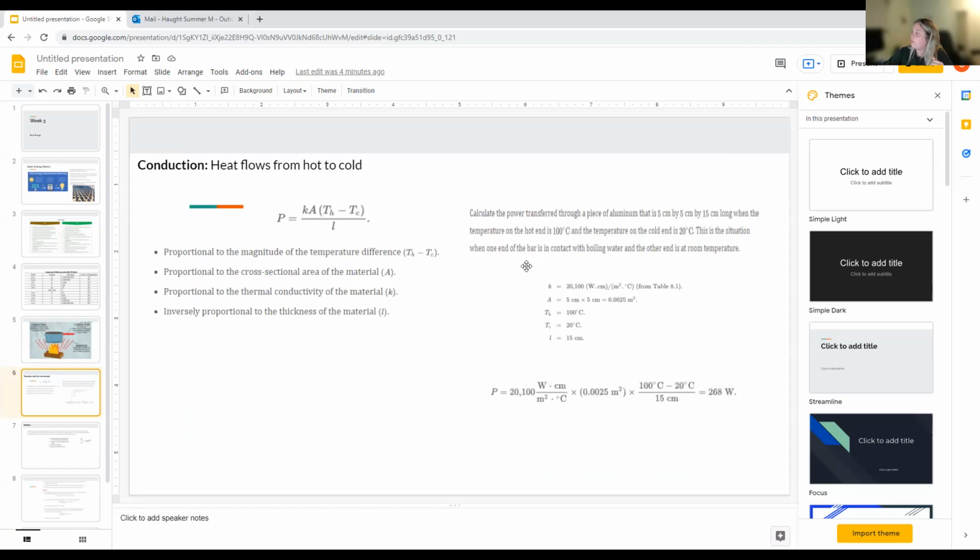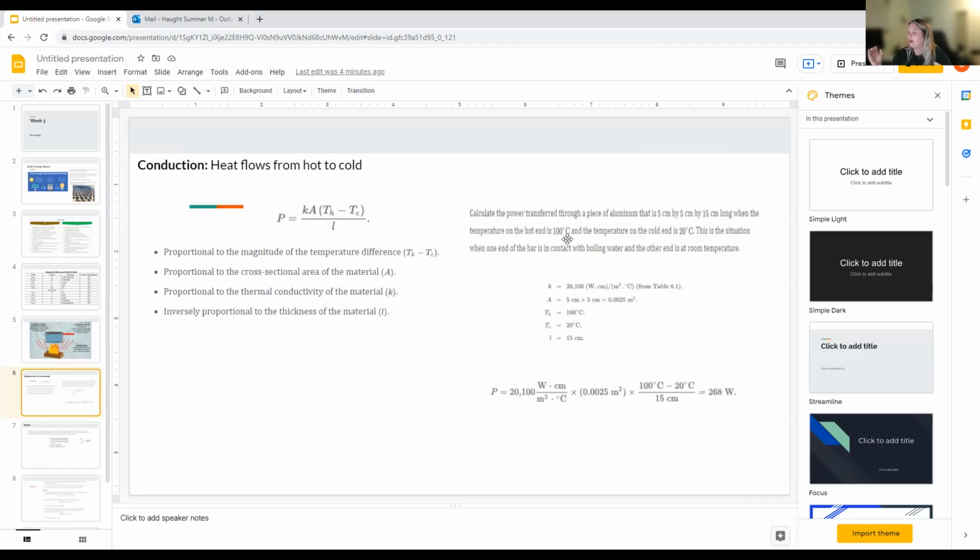Okay, so we know that it's 15 centimeters long. So we have part of this aluminum in this hot boiling water and another part, if it goes 15 centimeters, out of the water and into the air. So that's why one end is really hot and one end is really cold, right? Because the hot end here, that's 100 Celsius, is in the water, and the cold end is 20 Celsius, which we know is outside of the water.